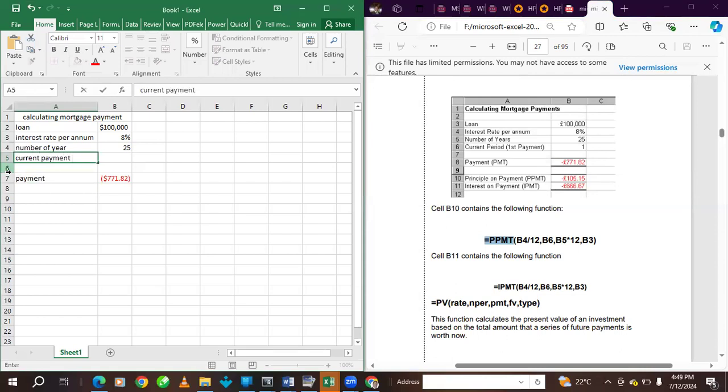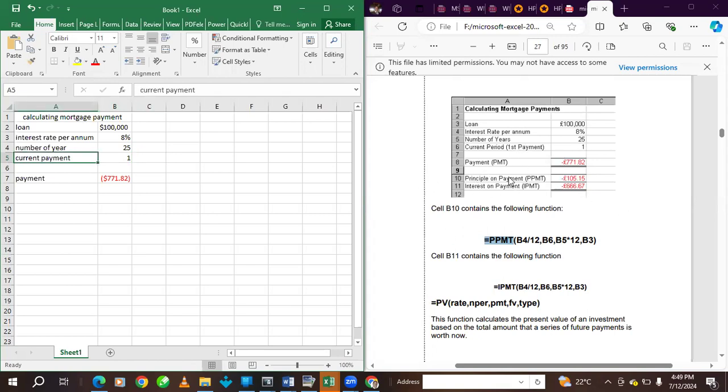Our current payment for the first period was what? It starts from 1. Can you call it 771? Yes, so this is 1, the current period. Here is the first payment.